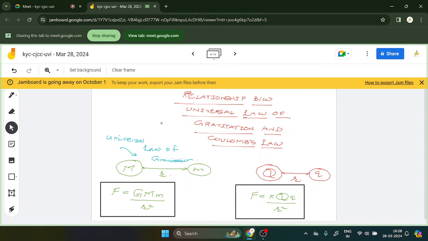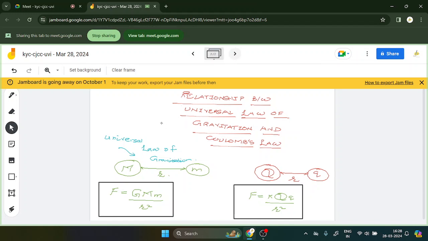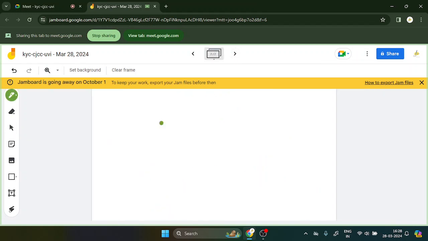The mass and the charge, and the constants. Let me tell you one more thing, a very important point. Let's talk about the differences first. The differences are visible in front of you. You just need to look at that properly.